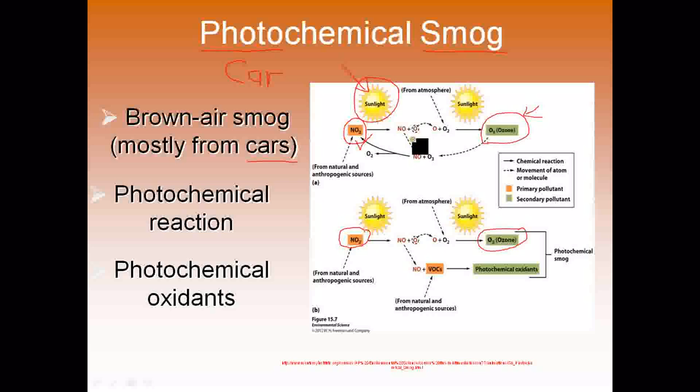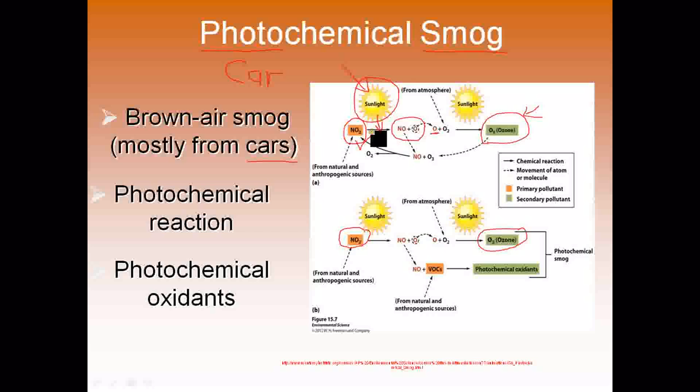Oxygen that's in the air sometimes gets broken up, or sometimes we have just a monoatomic O. In the case here, it's showing you that the sunlight breaks down. Notice the sunlight's an important part of this. That's why it's called photochemical.